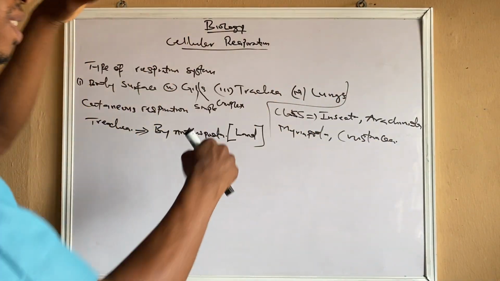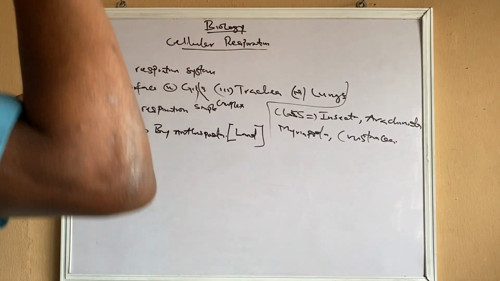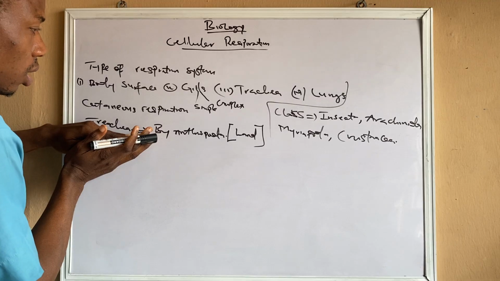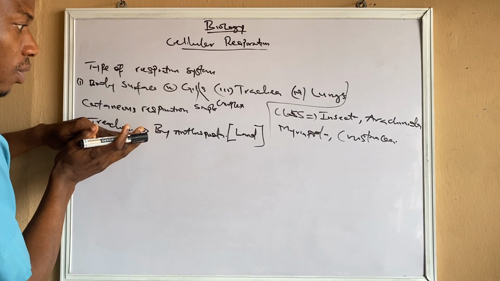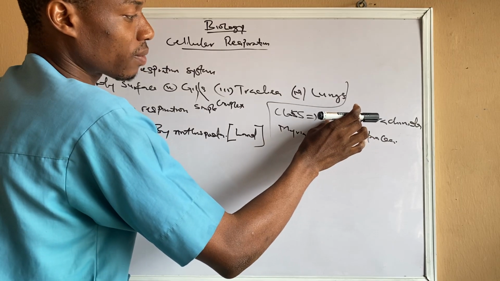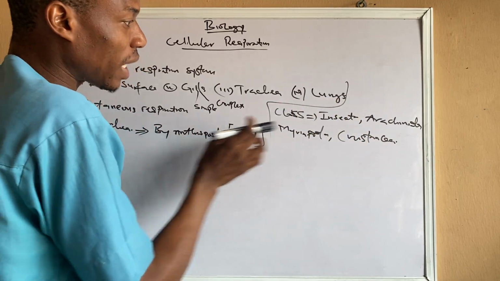We have discussed these extensively in our previous videos. So today, the respiratory system for the trachea is basically found in arthropoda, and the part of arthropoda that uses it is the insecta.